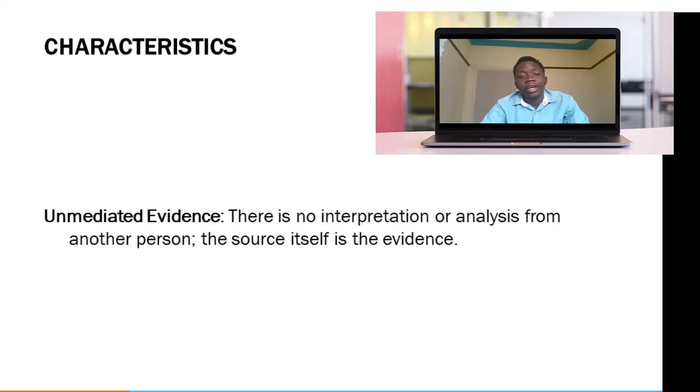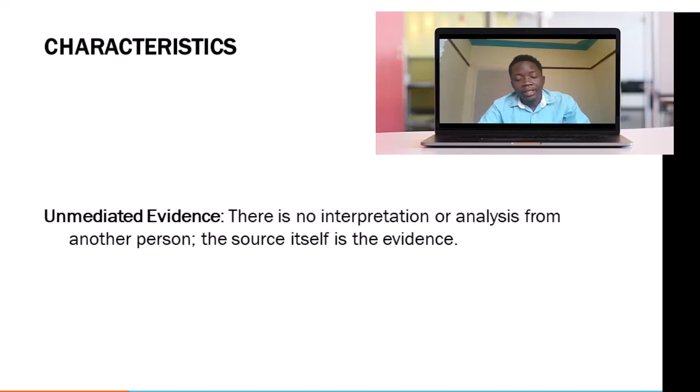Then they have unmediated evidence. There is no interpretation or analysis from another person. The source itself is the evidence. Meaning if you see something, what you see is the evidence. Let me give you an example. In court, we have eyewitnesses. Someone comes and says, "I saw you stealing."